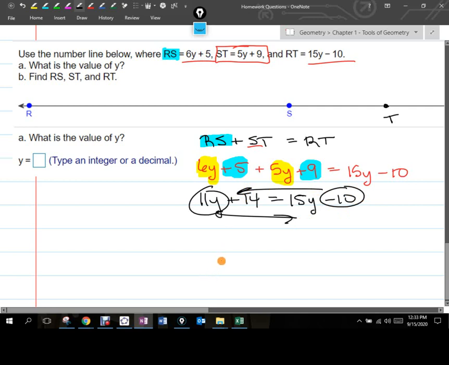Is that okay with everybody? So it just saves me a step. I can write this as 24 now is equal to 4y, and then divide both sides by 4, and it'll leave me with y equals 6. Does that help? Okay.